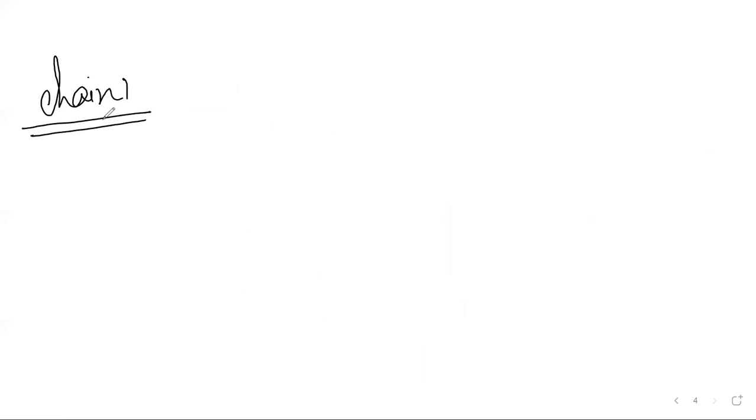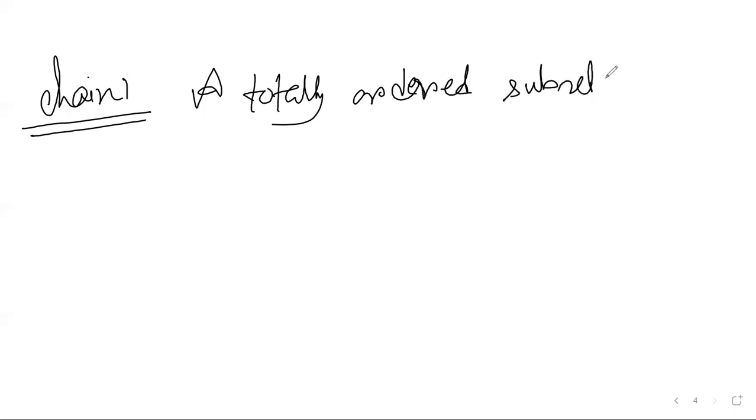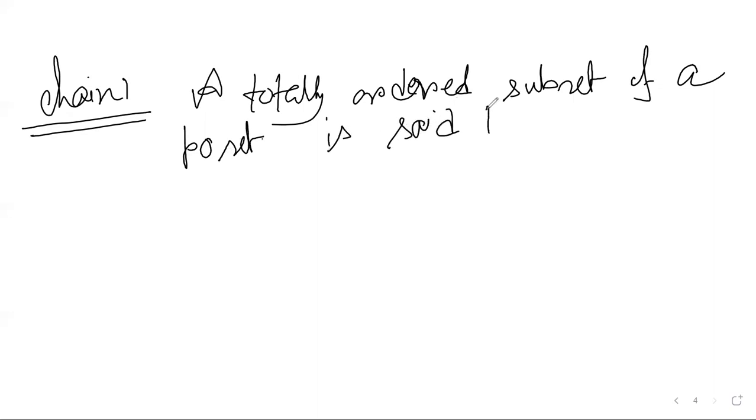Fine. Now, what is a chain? A totally ordered subset of a partially ordered set is said to be a chain. So, formally, a totally ordered subset of a partially ordered set is said to be a chain.